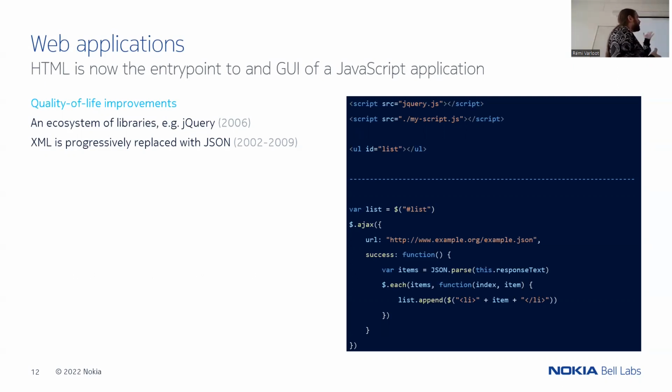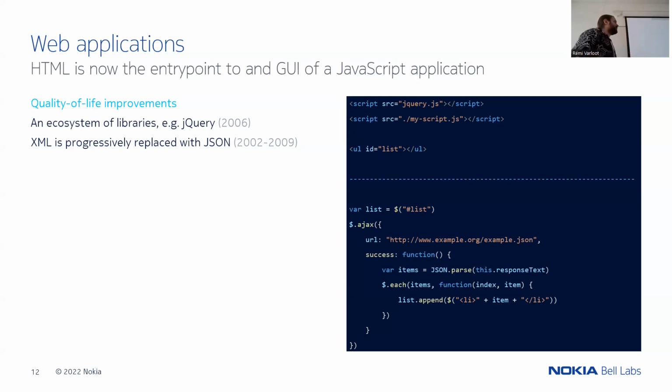So this would be the same code grabbing some data from the server and then adding elements to a list based on the data we received. Doesn't look easier, but it is a lot easier, believe me.